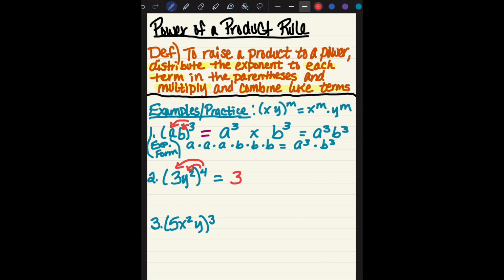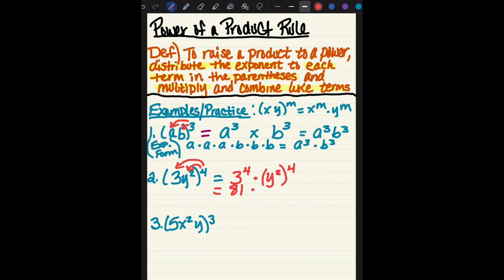Here is what it looks like: 3 to the 4th power times y squared, don't forget the parentheses, to the 4th power. 3 to the 4th power equals 81, times y squared raised to the fourth power.